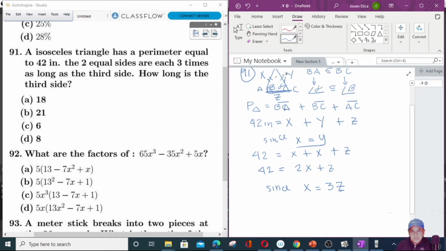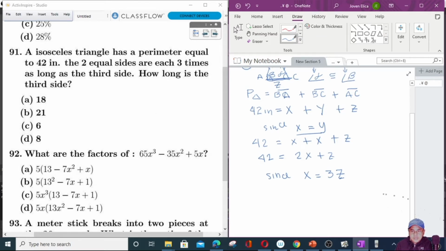So if first, second, and the third side is Z, the two equal sides are 3 times as long as the third side. So this is the third side Z. Now, the question is, how long is the third side? We are asked for the third side, which is our Z.